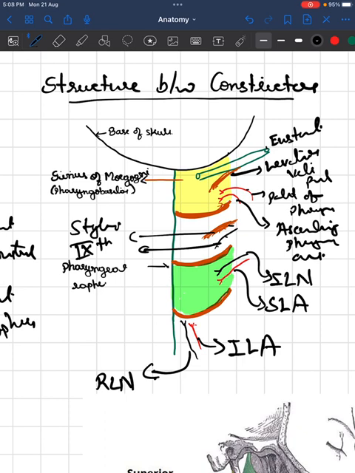Between the middle and inferior, the structures are the internal laryngeal nerve and superior laryngeal artery.